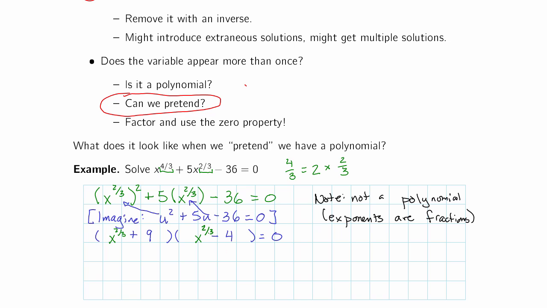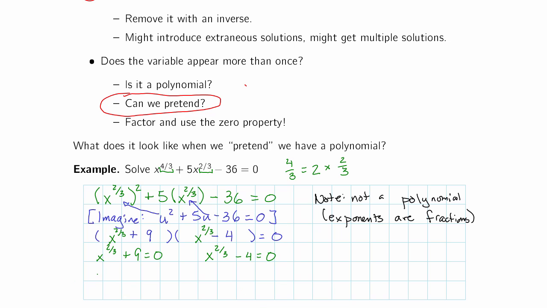So we're pretending this is a polynomial. It's just a polynomial where the variable is x to the 2/3. But now we have this product that's equal to 0. So either x to the 2/3 plus 9 is 0, or x to the 2/3 minus 4 is 0.